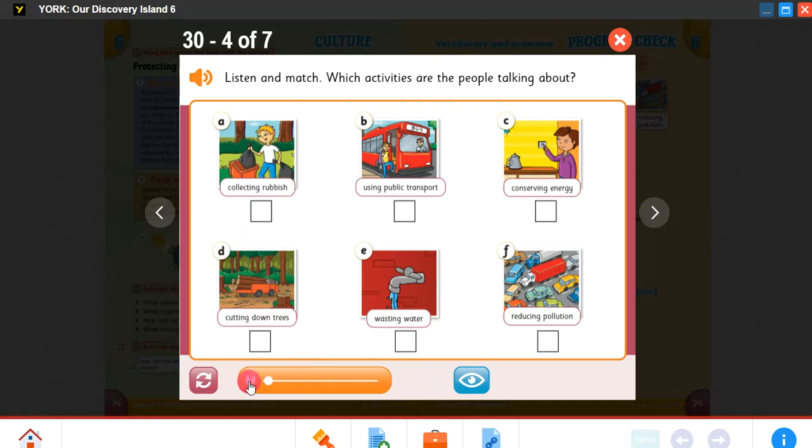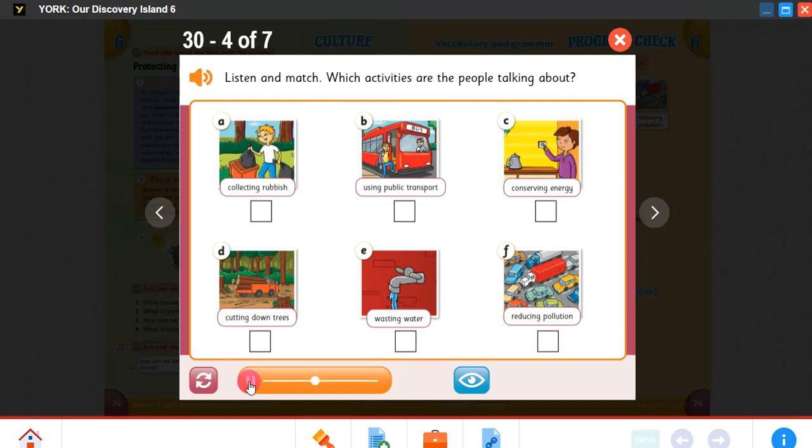Listen together. 1. I think that factories should control the amount of dirty smoke they send out into the air. Yes, I agree. That will make the air cleaner for us all. 2. Let's pick up all the bottles and paper and put them in the recycling bin. Yes, and we can take the plastic bags home and reuse them. 3. The trouble is that we're using more wood every day to make furniture or to make paper.